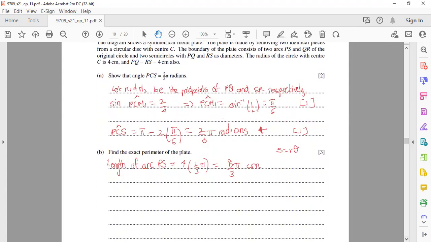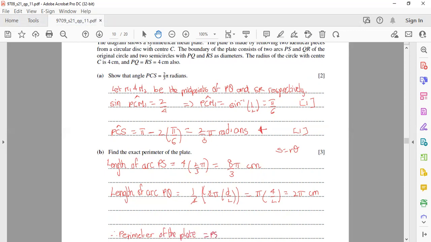So length of arc PQ would be half of 2 pi r. Since we are given the diameter, I will write d by 2. So half times 2 pi r will give me pi times d, which is 4/2, 2 pi centimeters. So therefore, the exact perimeter would be the perimeter of the plate.